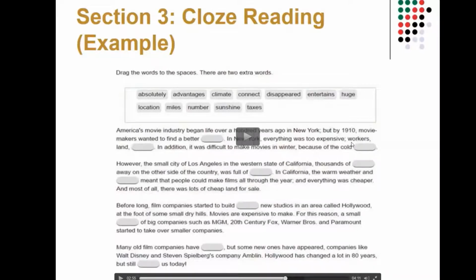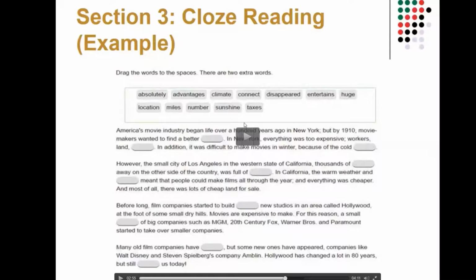Workers, for example, workers, land, and what else? So here I think we can say location, right? Land and location was expensive, but the first one would be to find a better what? Sunshine? A better sunshine, with weather?